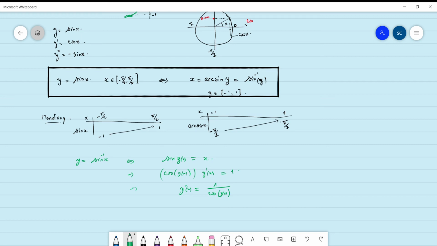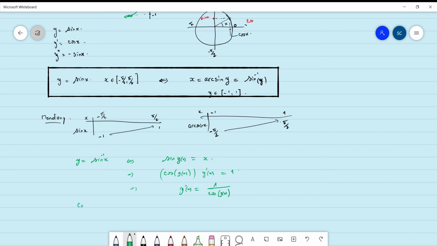Okay, so now let's express everything in x. It is connected here. Cosine of y: yes, there is a relationship between sine and cosine.